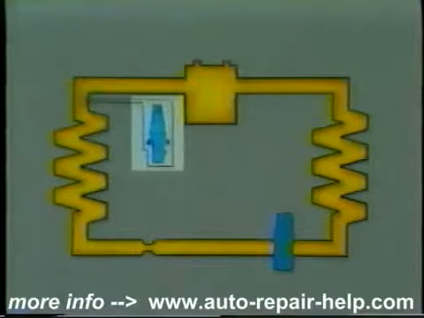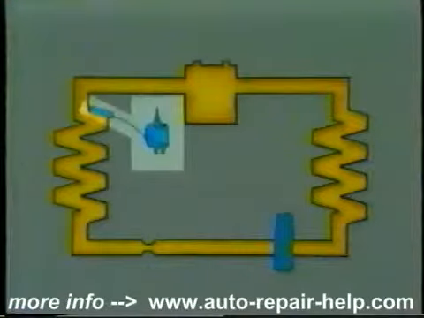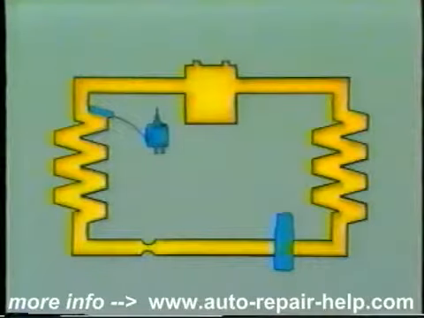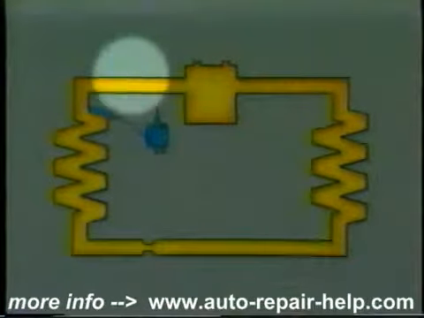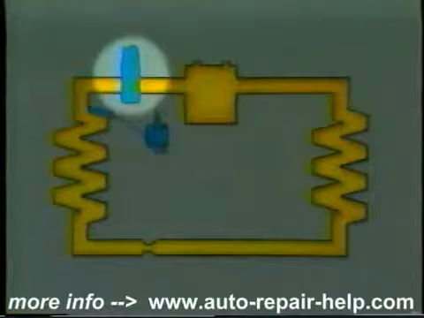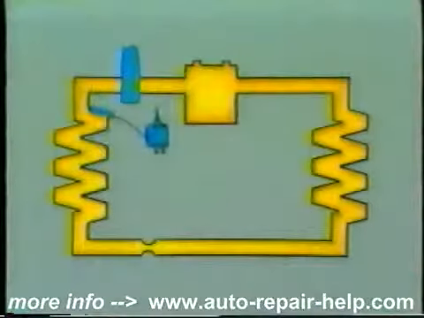The POA valve was replaced by a pressure switch, or a thermostatic switch, designed to cycle the compressor clutch on and off to prevent icing of the evaporator. The receiver dryer was replaced by an accumulator placed on the low pressure side of the system.